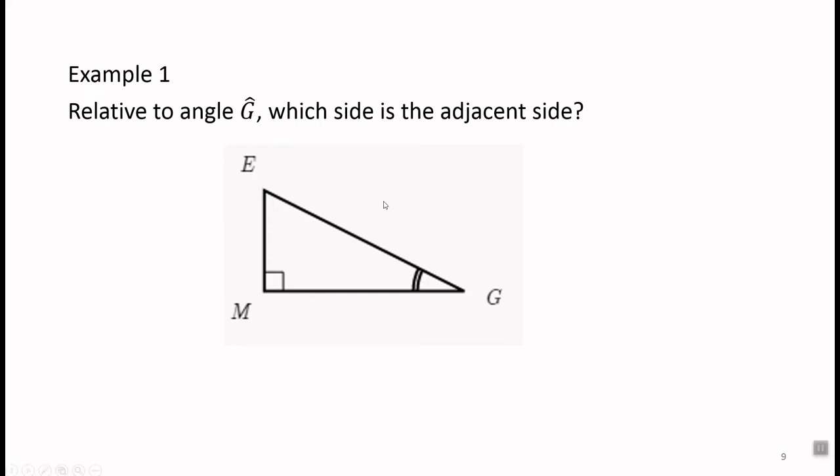Example. Relative to angle G, which side is the adjacent side? Yes, your answer is correct. So relative to angle G, this is opposite, this is adjacent, and always opposite to 90 degrees is the hypotenuse.